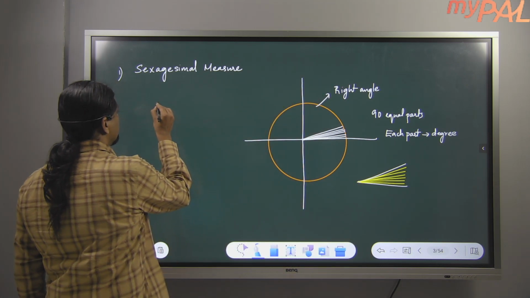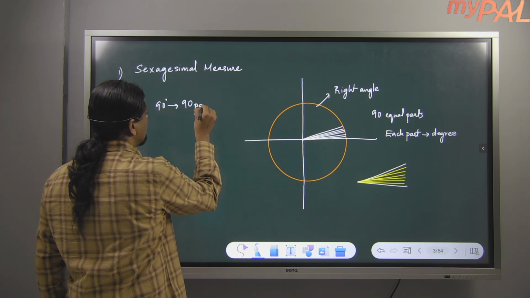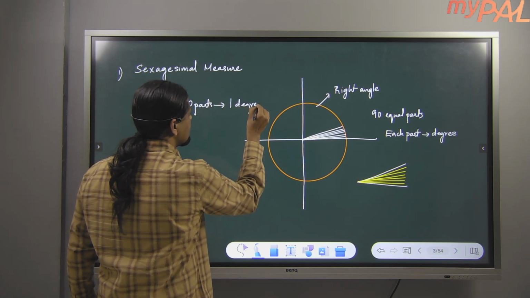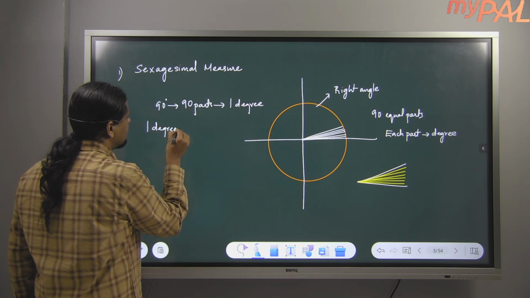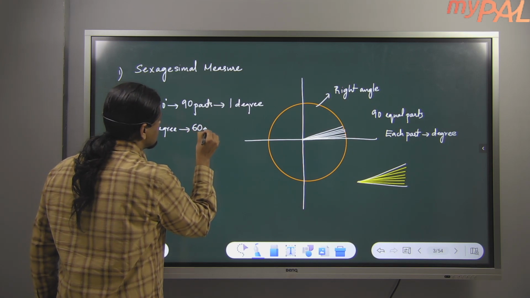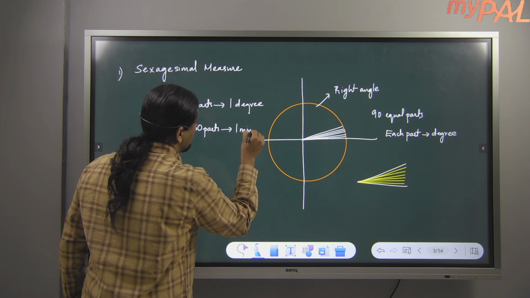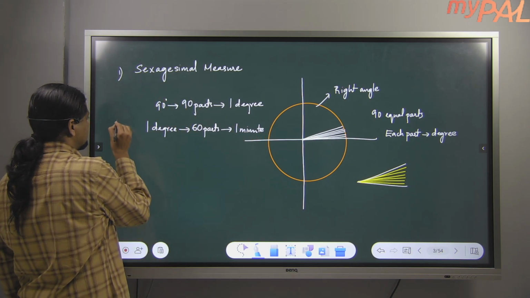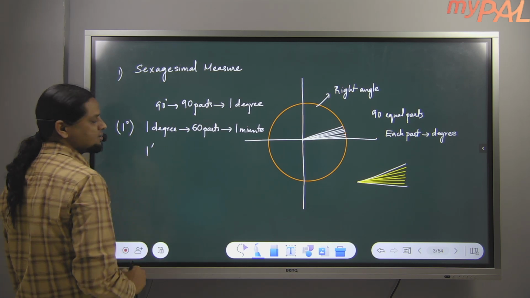First, I divided the right angle into 90 equal parts, and each part was called 1 degree. Next, I'm taking each degree and dividing it into 60 equal parts, and each part is called 1 minute. So 1 degree is this, and the 1 minute representation will be like this.